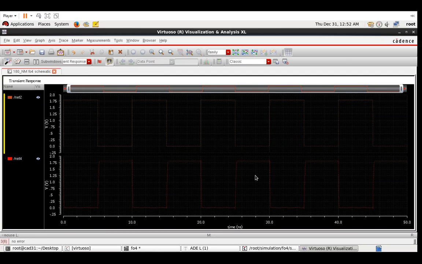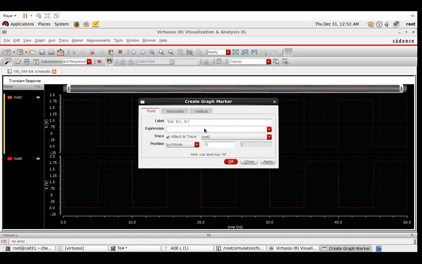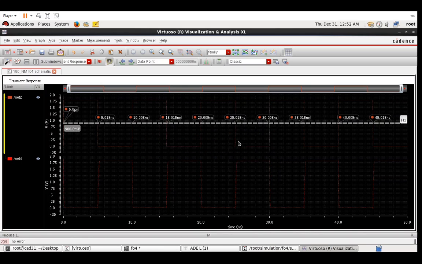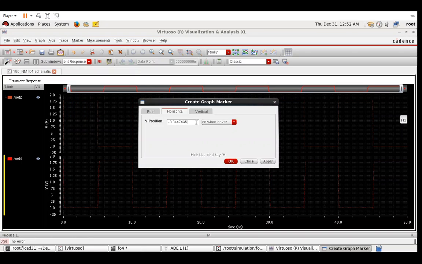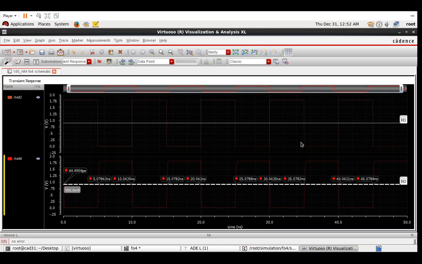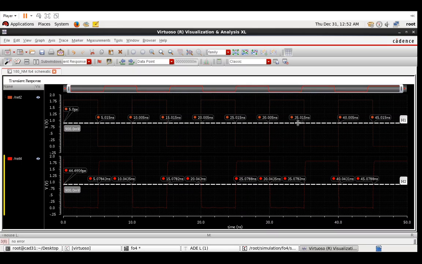Okay, so I'll get the output. So generally I leave the first one or two inputs for the circuit to settle down. Then we put the marker, horizontal marker at 0.9, and more horizontal marker at, okay, and then TPLH, 35.0782 minus 35.015.